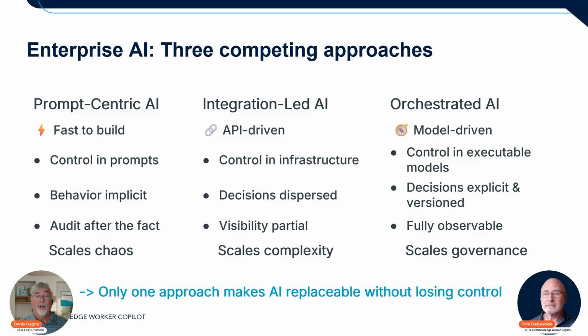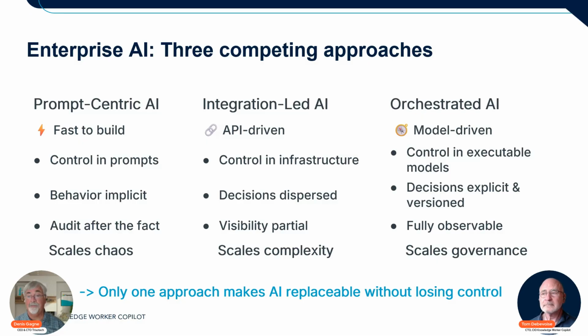You get some visibility, but it's partial. The problem in this type of architecture is that scalability scales with complexity. There are so many things going on that it's really hard to have real visibility when you scale this kind of distributed, disconnected environment.